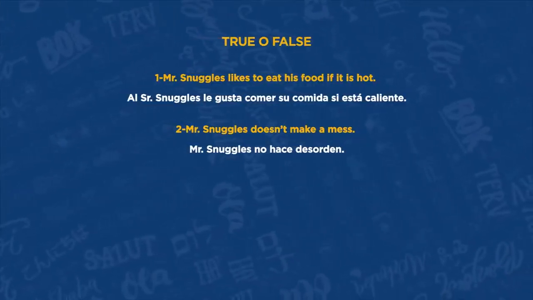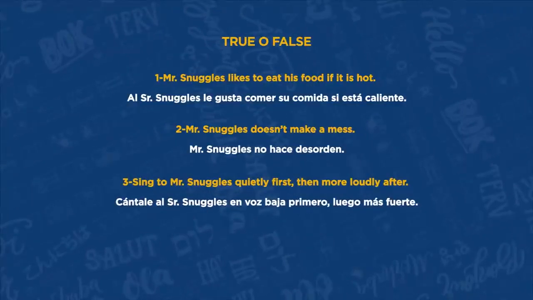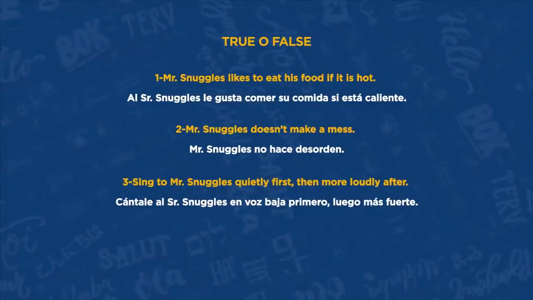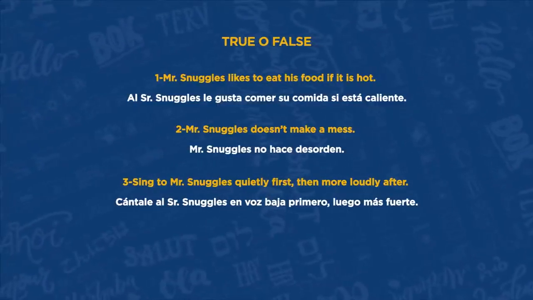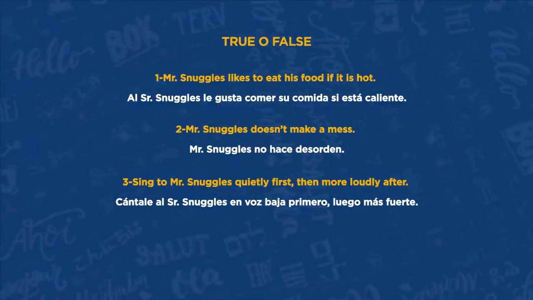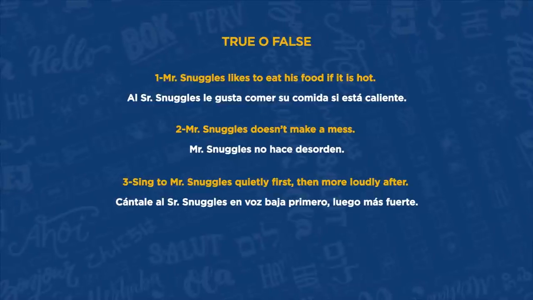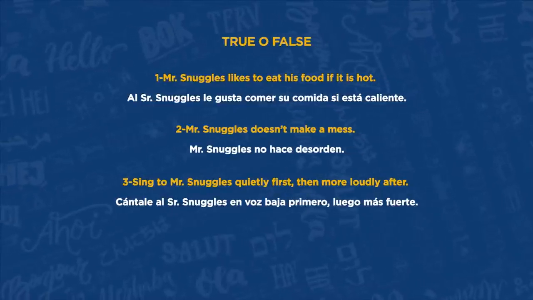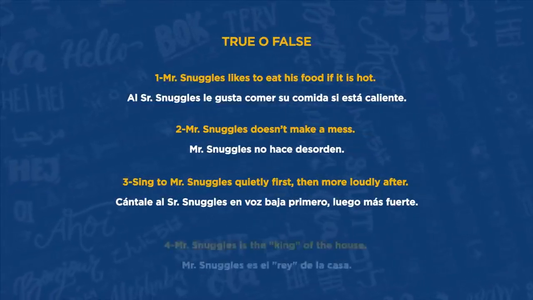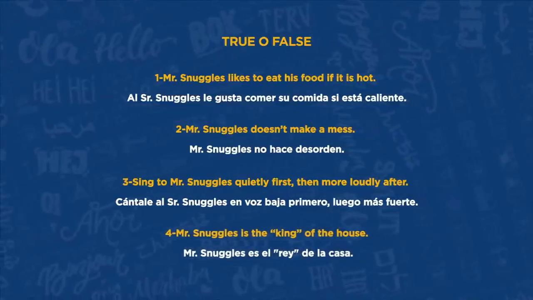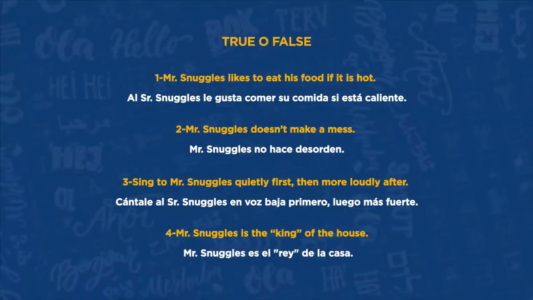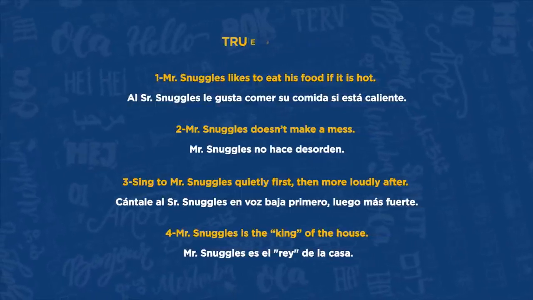True or false? Sing to Mr. Snuggles quietly first, then more loudly after. Cántale al señor Snuggles en voz baja primero, luego más fuerte. 4. True or false? Mr. Snuggles is the king of the house. El señor Snuggles es el rey de la casa.